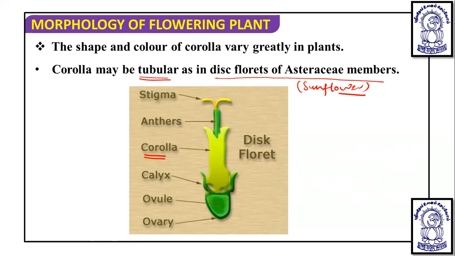Why is it known as tubular? Because in this, five petals fuse and form a tubular or tube-like or cylindrical structure. In tubular, what happens?